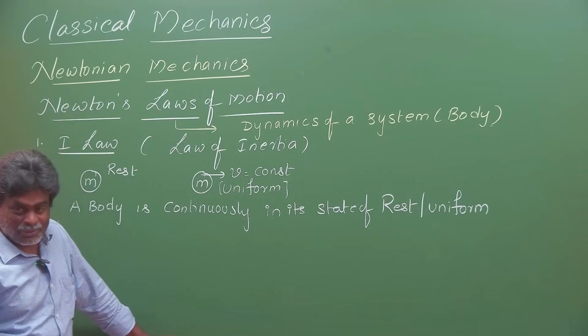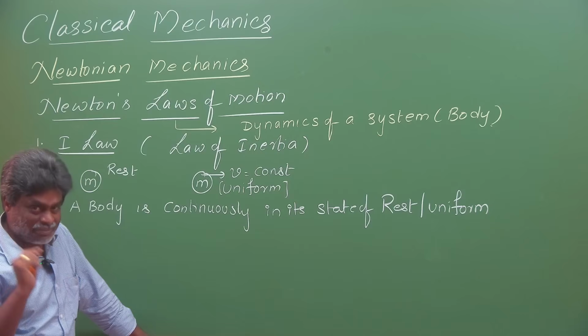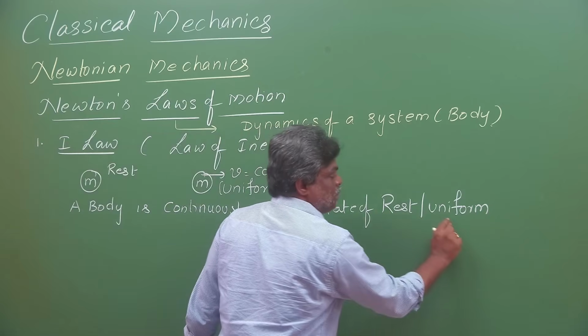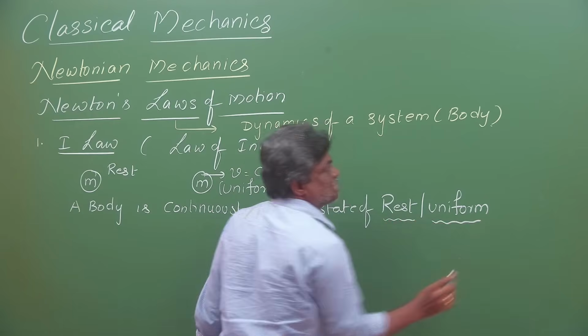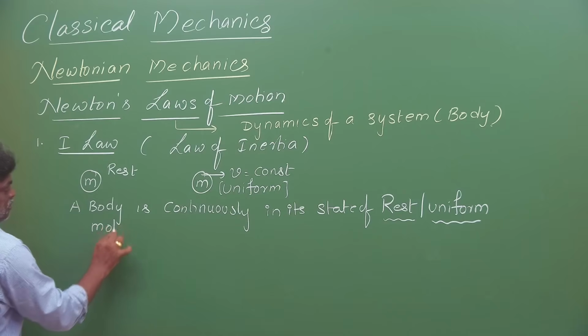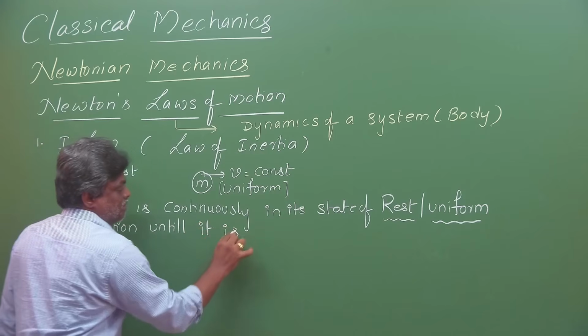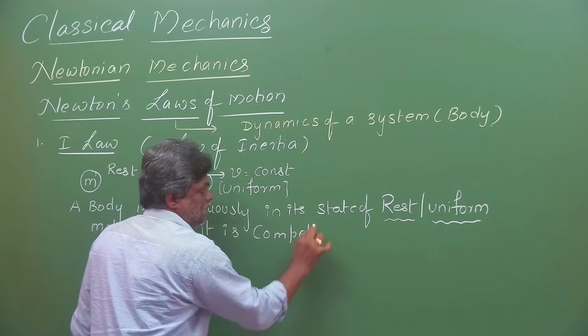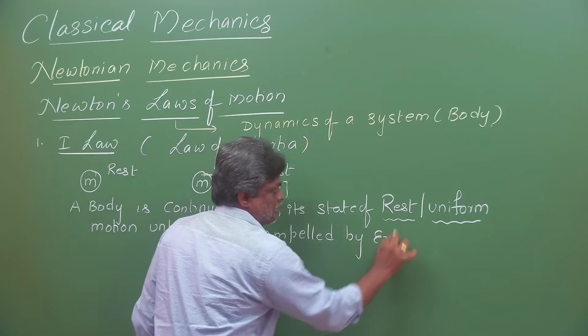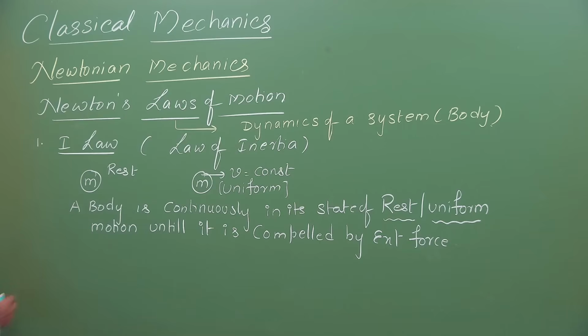No force. If the force is there, the velocity keeps on changing, then it is accelerated motion. The meaning of rest or uniform motion in both cases is no external force. The state of rest or of uniform motion until it is compelled by an external force. That's good. That's it.